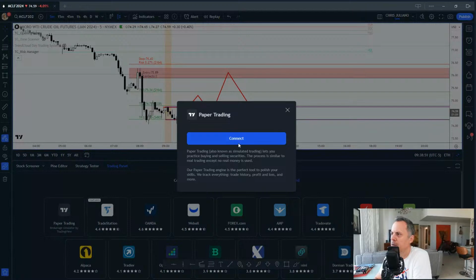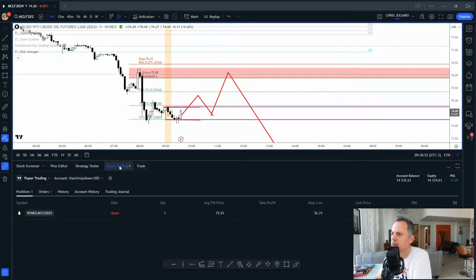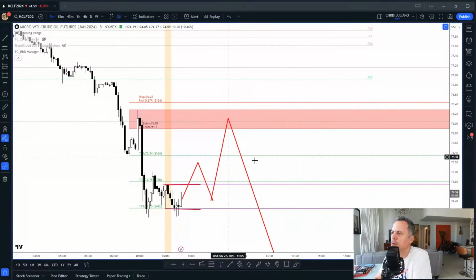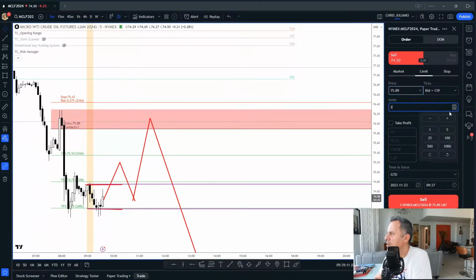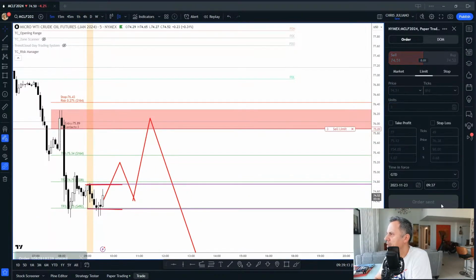There we are. Okay, just reconnect that. In order to do this, we were talking about this yesterday, you need live data. You have to have some live data in order to simulate this stuff, okay? So you go right here, click, and we can buy 3 or sell 3 right there, and then bring this right to here, okay?